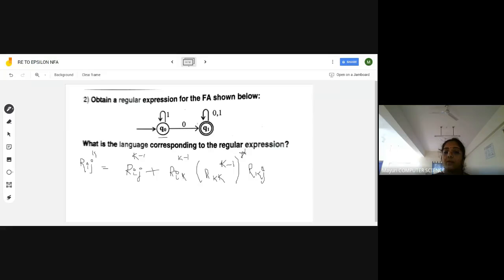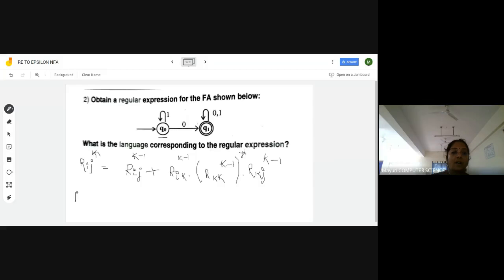I have to go from k to j again through k minus 1. So this is the formula. So you can easily compute your terms.